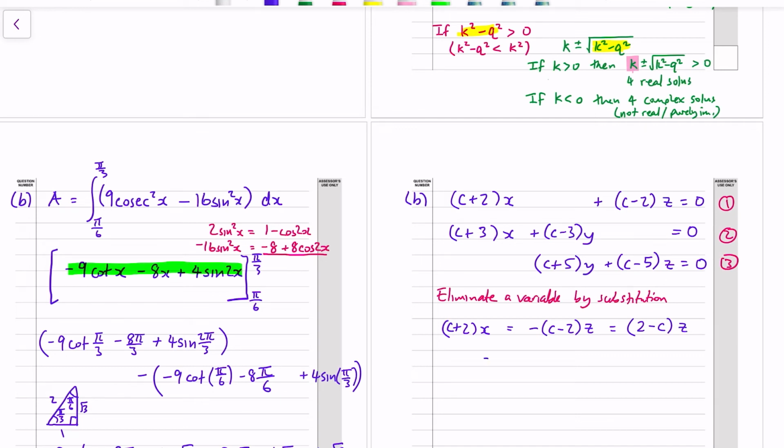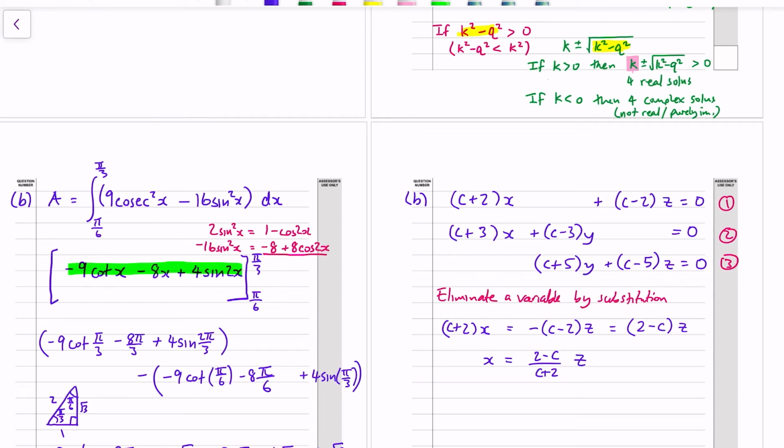And then I could divide. So I've got x equals 2 minus c all over c plus 2 times z. Some brackets aren't actually needed there, so let's get rid of them. Okay, so that's my x in terms of z.